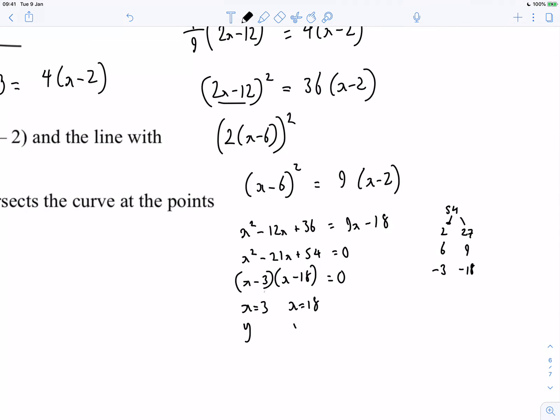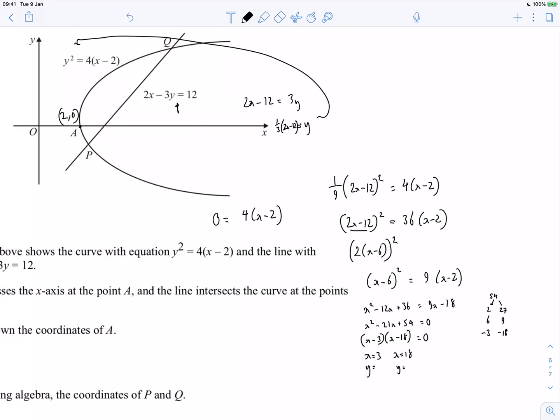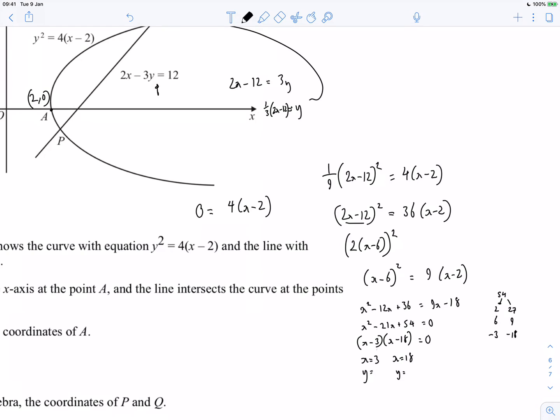And then the y values, well, I've got the choice. I can sub them into either. I'm probably going to substitute into the linear one. And I know that 2x minus 12, and then a third of that is y from up here. So 2 lots of 3 is 6. 6 minus 12 is minus 6. Minus 6 divided by 3 is minus 2. So that's one of them.